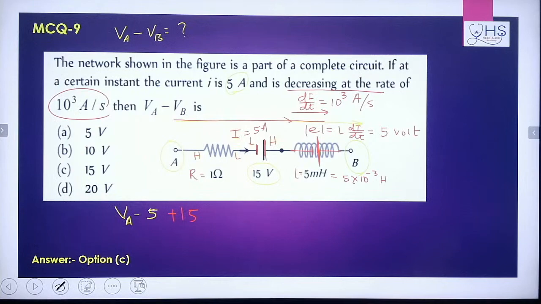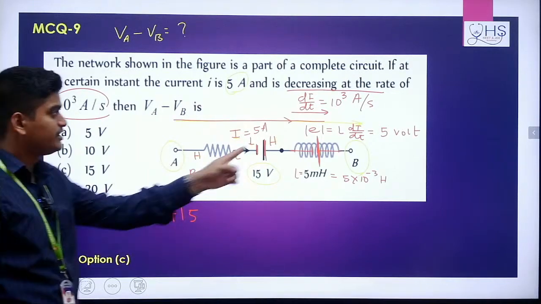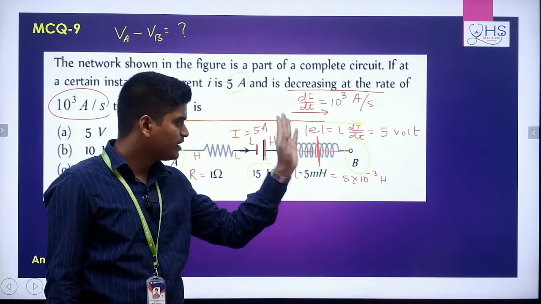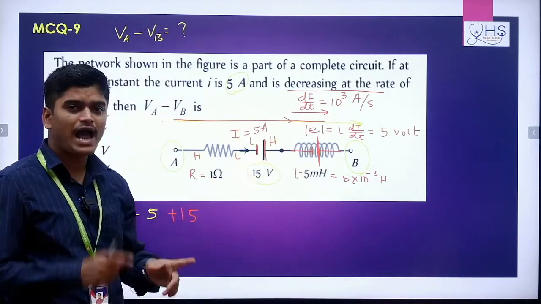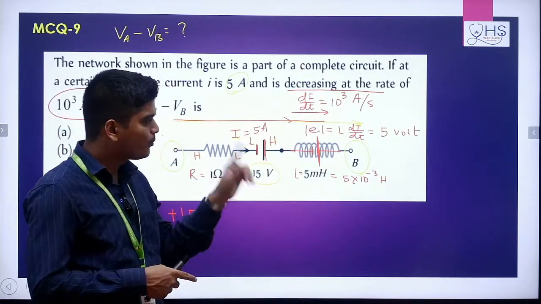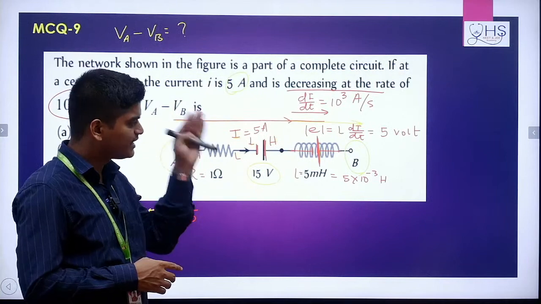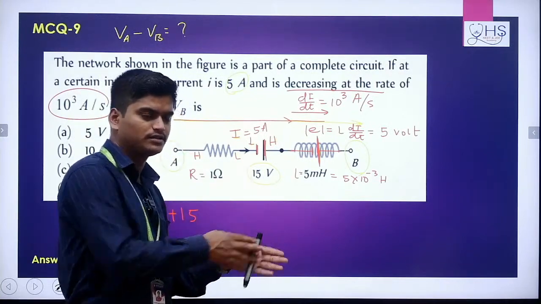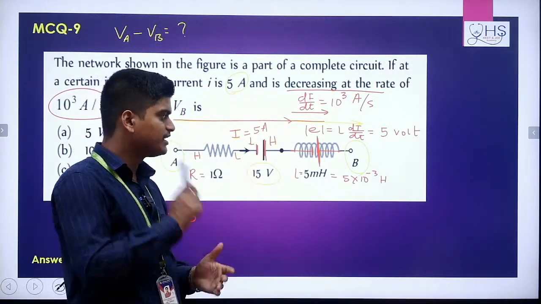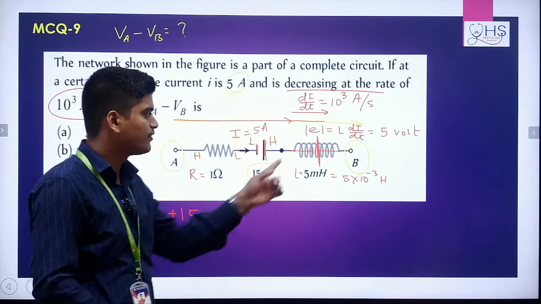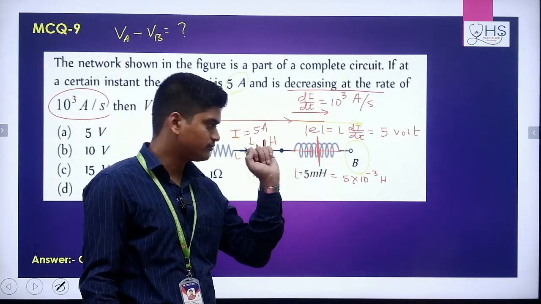Try to understand. Inductor is there, current is decreasing. If the current is decreasing, then the inductor will act like a cell and it will try to oppose the change. Which way? Now if current is decreasing, it will try to increase the current. In the circuit, if current is decreasing, due to the decrease, the flux change is happening in the inductor.